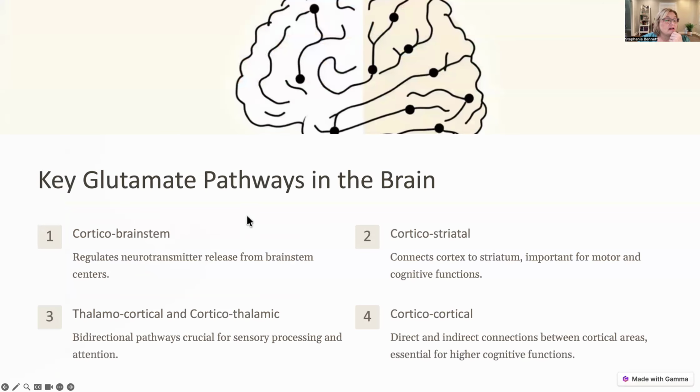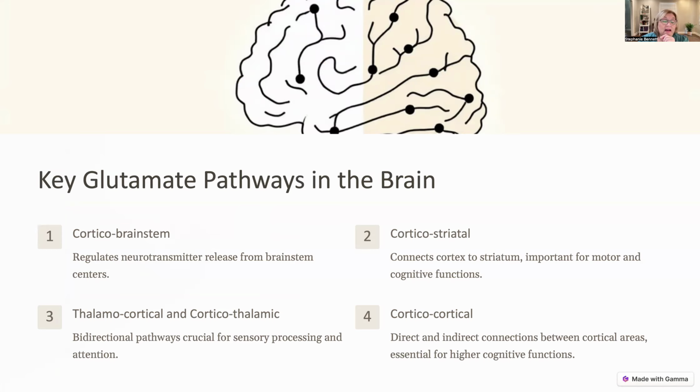So, some things that we know glutamate does is that it regulates transmitters that release from the brainstem centers. And remember, a couple of these pathways actually emerge from the brainstem. So we can see how glutamate can play a role here.